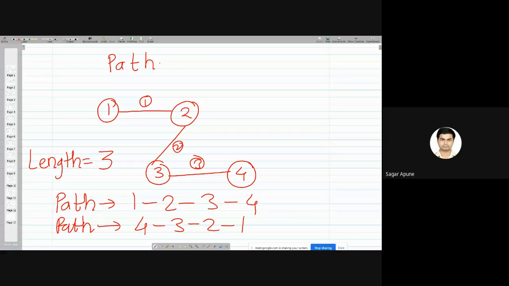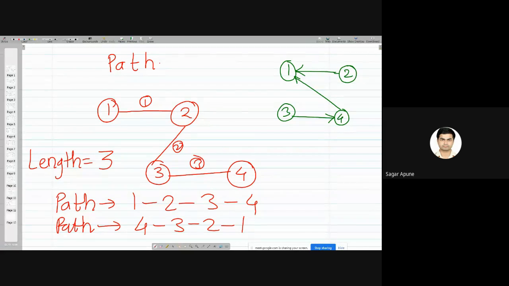Next, what about a directed graph? My directed graph is 1, 2, 3, 4. Suppose edges are 3 to 4, 4 to 1, and 2 to 1.